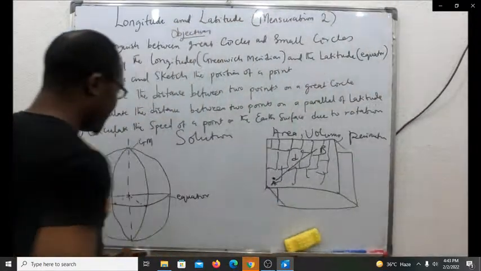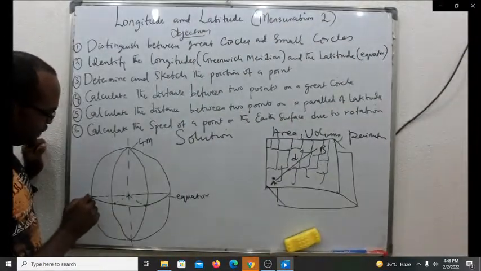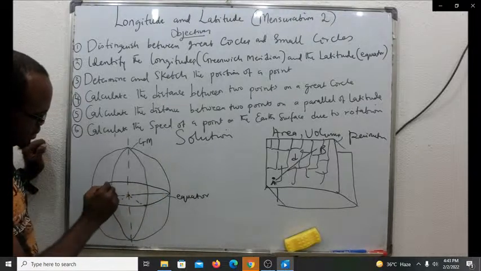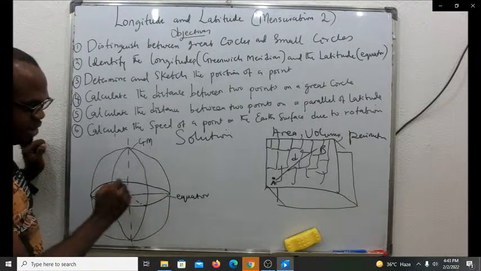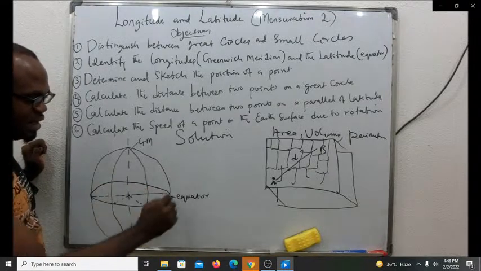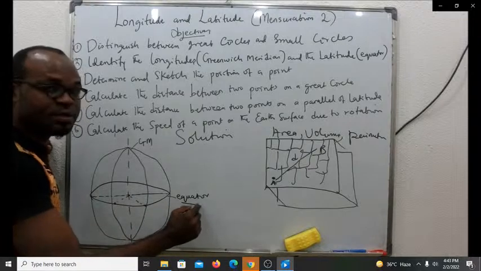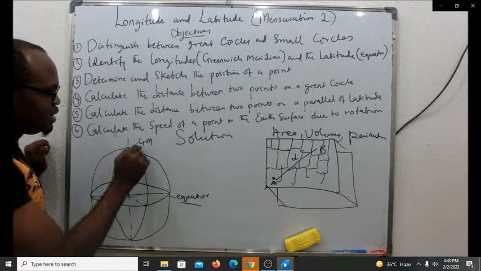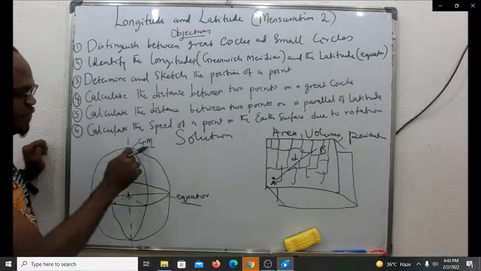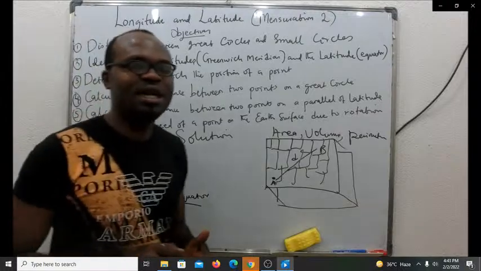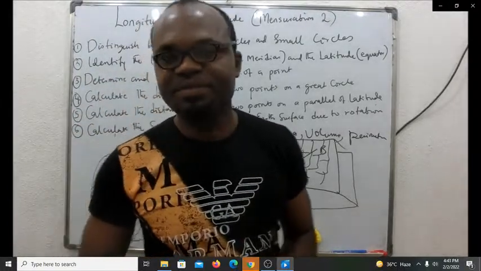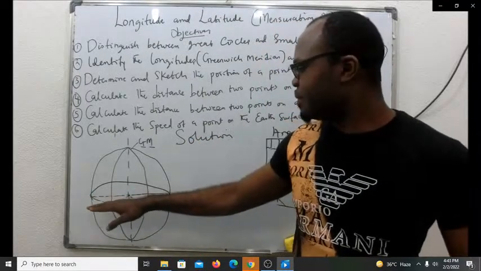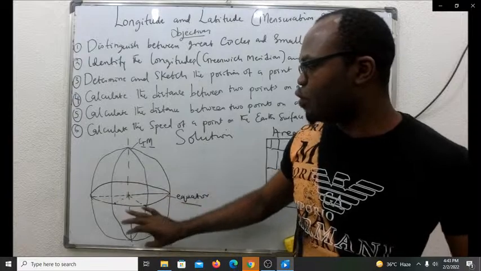So, when you look at the Earth, that very circle at the middle of the Earth, the horizontal circle, is known as the equator, whereas the vertical circle is known as the Greenwich meridian. These 2 are very important, and they are known as great circles, because if you cut the Earth through this very circle, you're going to find 2 equal parts.